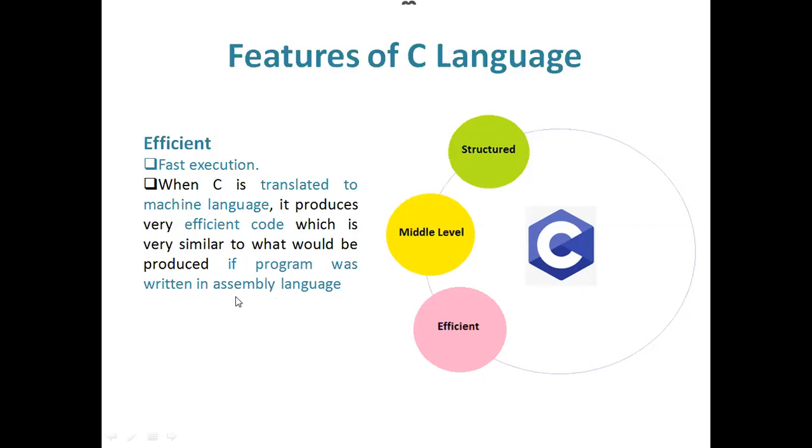You know that assembly is a low level language and it is very fast. So the code produced by C is almost as fast as assembly language. Therefore, it is very efficient to write programs in C language.